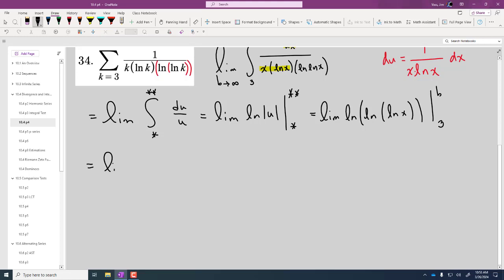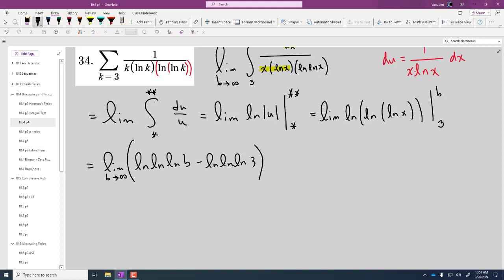So this is going to be the limit as b goes to infinity of ln of b. And where does that limit go? Infinity.